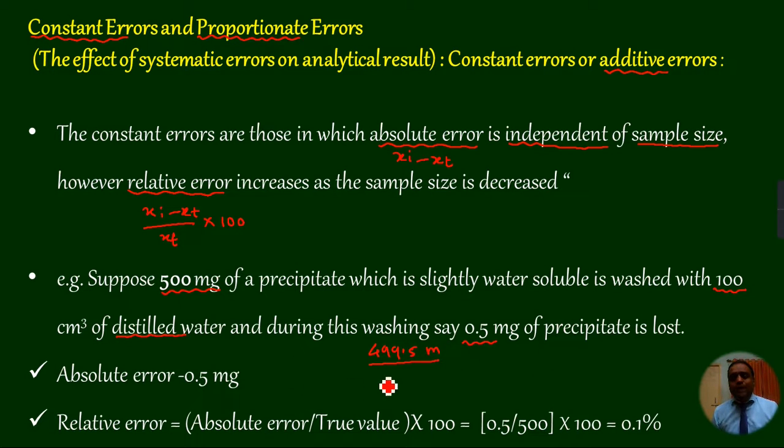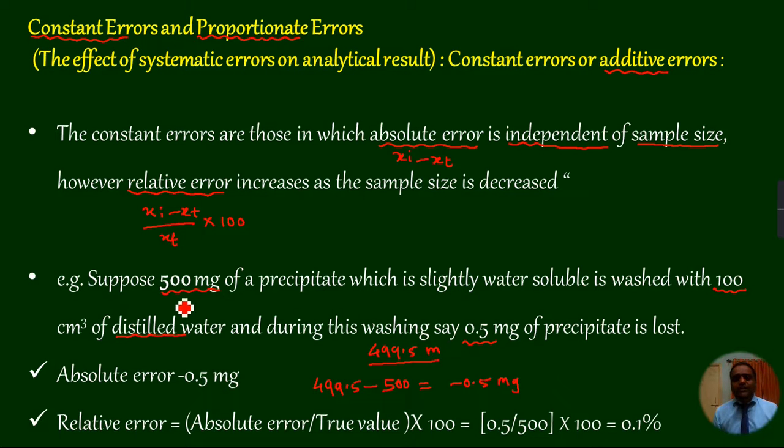So absolute error would be 499.5, that is the observed or experimental value, minus the true value. True value is 500 milligram because you had 500 milligram precipitate. So 499.5 minus 500 milligram, you will get minus 0.5 milligram as an absolute error.